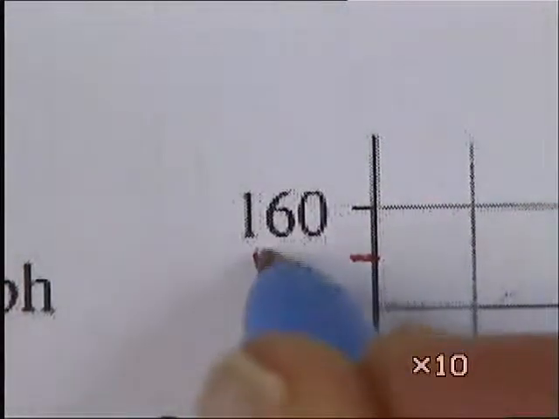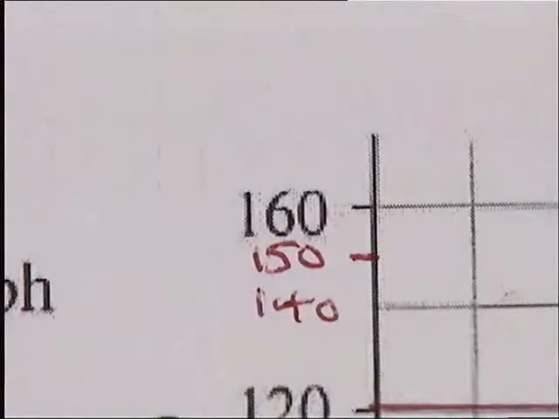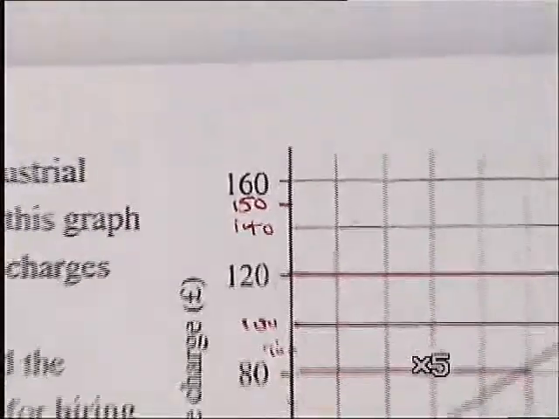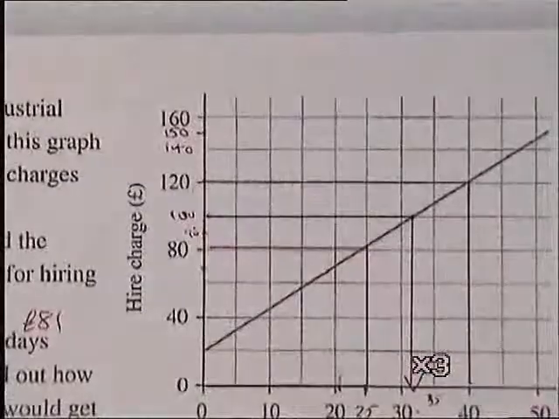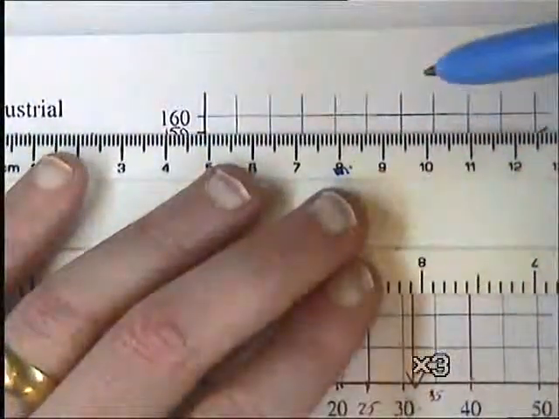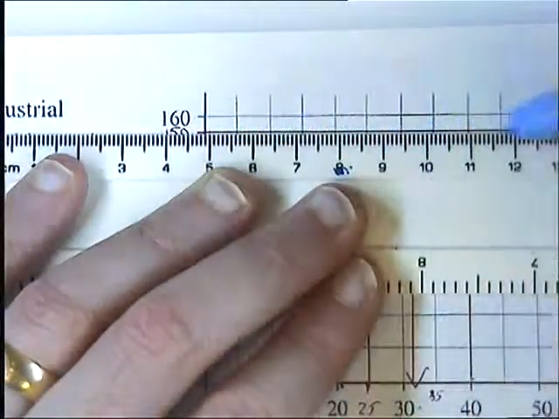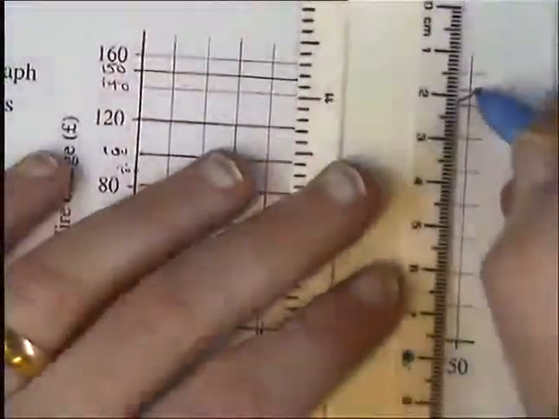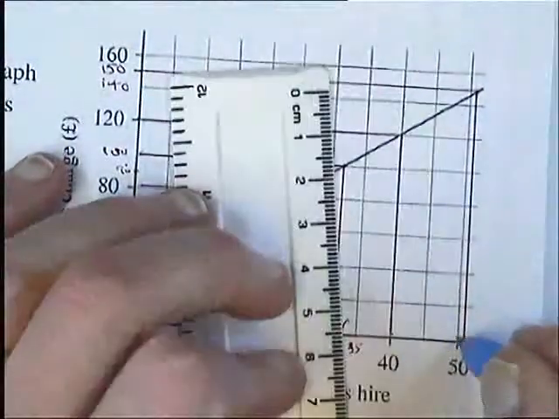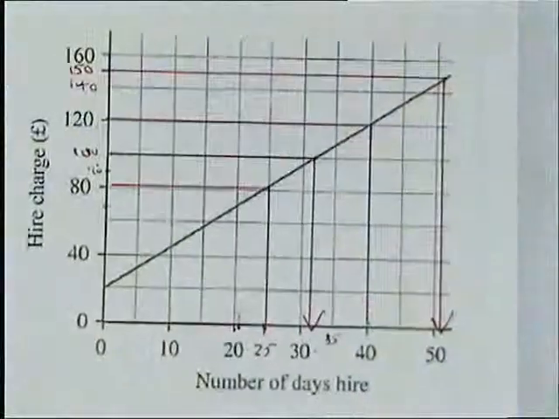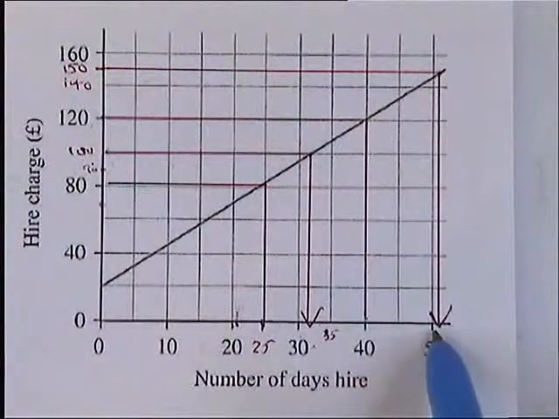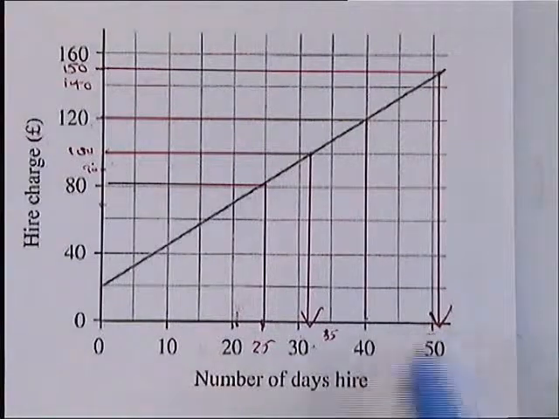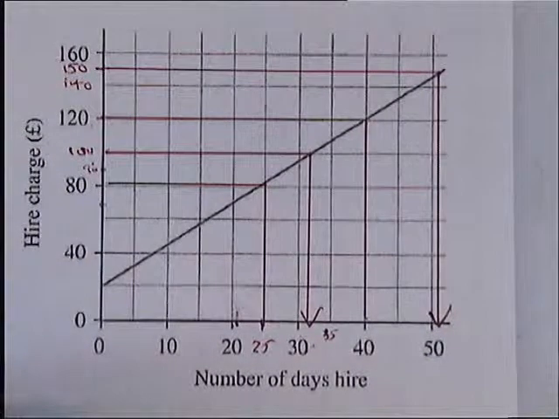So 150 is going to be about there. So now I know where 150 is on the money line, I can go along from there to my graph line. It's right at the end of it over here. And I can go down from where I've got to. I reckon that takes me down to here, and that looks like 50, a little bit more than 50, probably about 51 days.